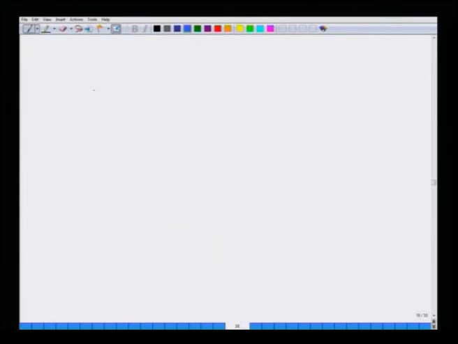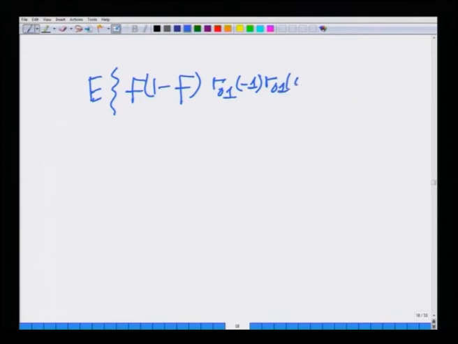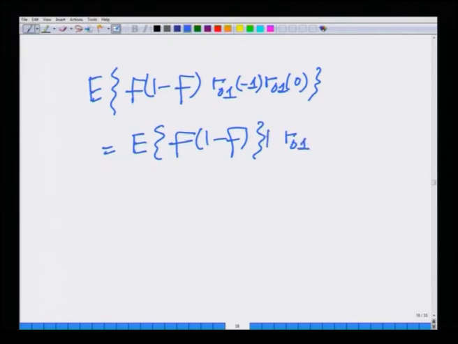Now, I am going to expand out the final quantity, that is expected f times (1 minus f) into R01 of minus 1 R01 of 0, which is equal to expected f into (1 minus f) of expected R01 of minus 1 into R01 of 0.